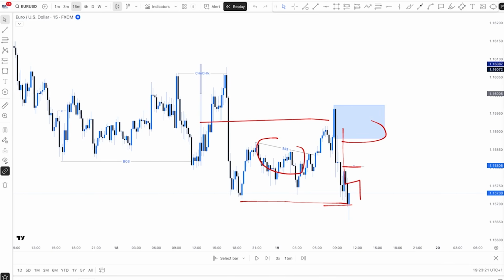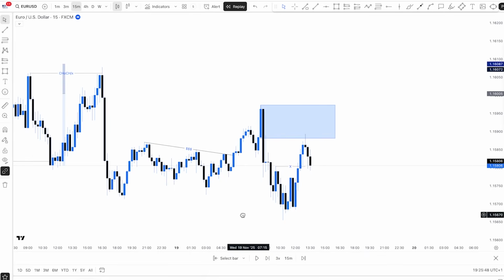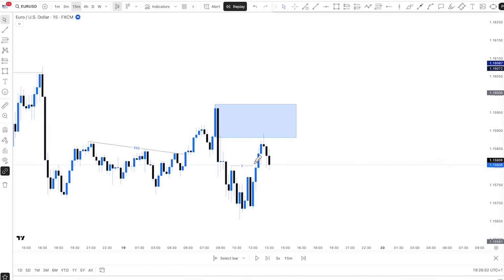So moving on, let's play price forward and see how we can get an entry around this zone or around this zone. Alright guys, so moving on here, as you can see, price took out inducement from here, and there was no signal or price confirmation for us to go short from here.